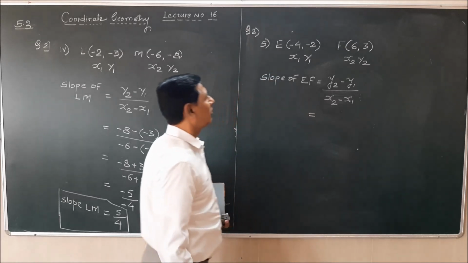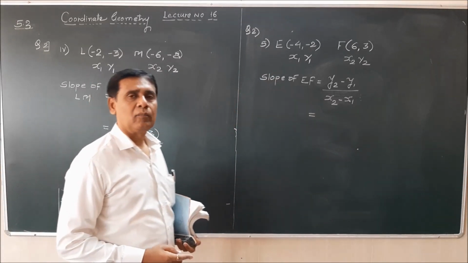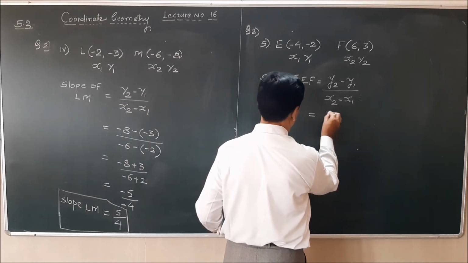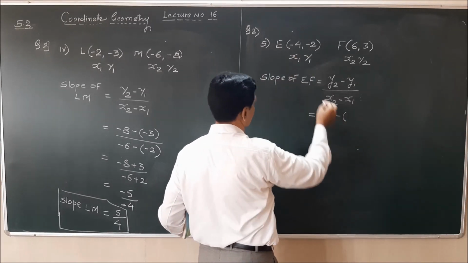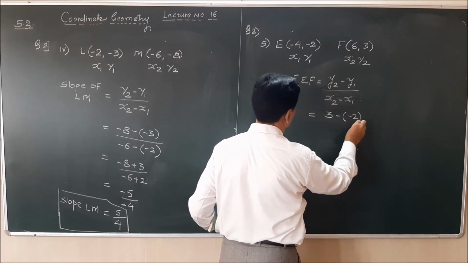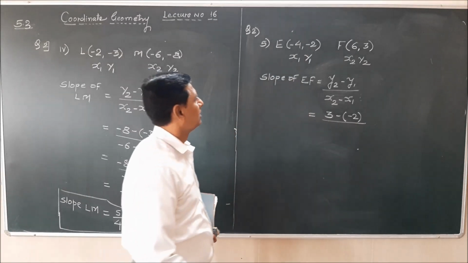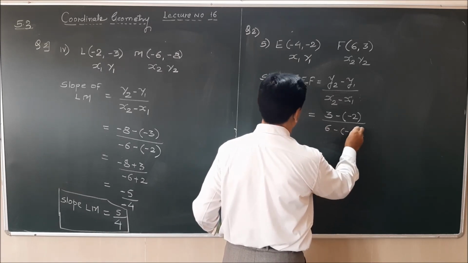Same formula. y2 is 3 minus the value of y1, which is minus 2, while x2 is 6 minus of minus 4.